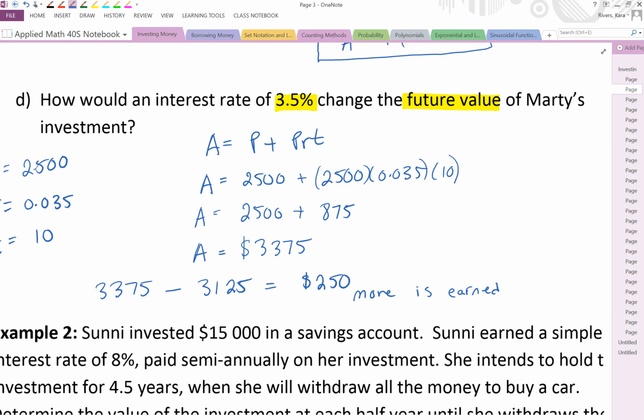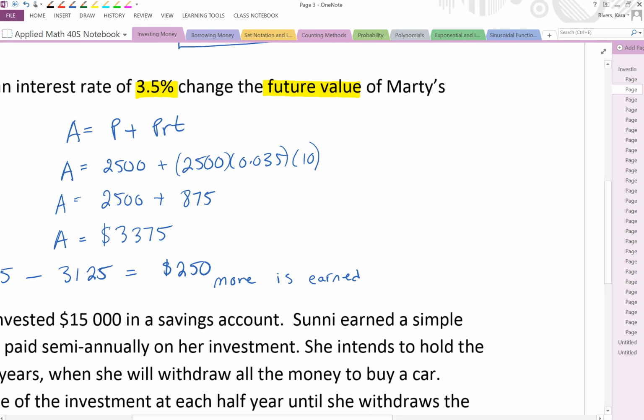Now if you wanted to try this question out using the other formula, A equals P times 1 plus RT, you should see that you're getting the same answer. That would be 2,500 times 1 plus 0.035 times 10.